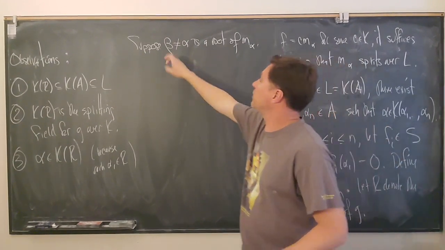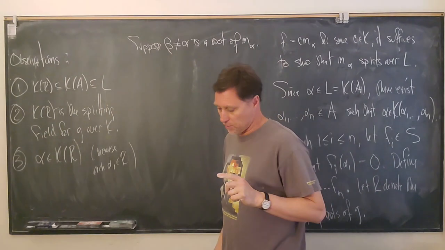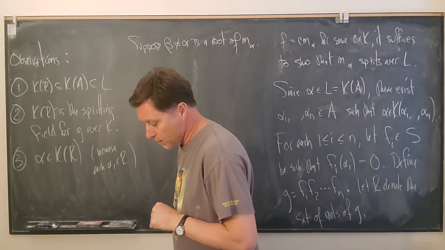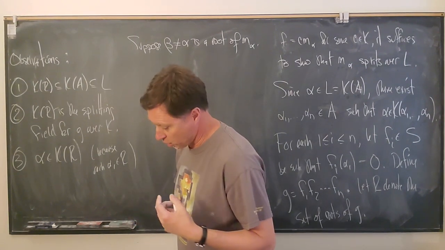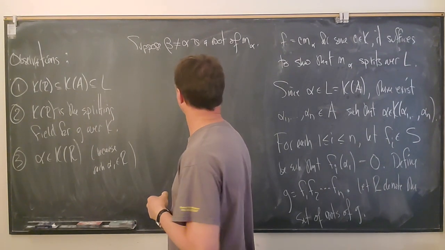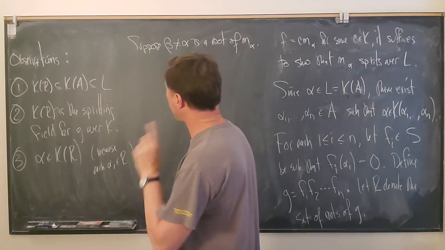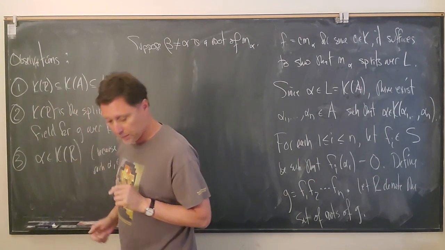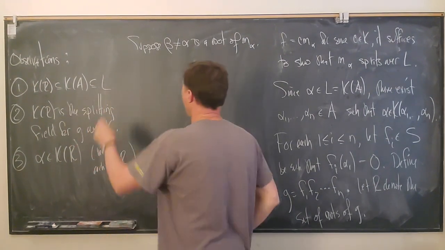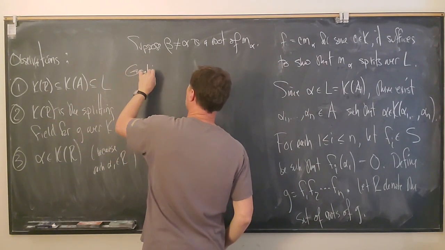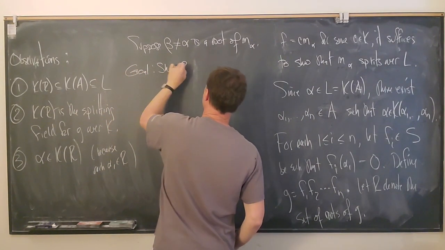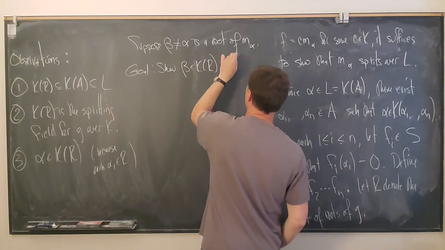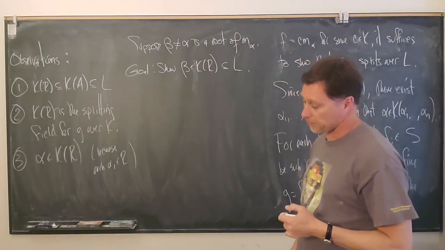So my goal is to show that beta lives in capital L. The way we'll do that is we'll actually show that beta lives in K adjoin R. And that will then allow us to conclude that it lives in capital L. So our goal is to show that beta is an element of K adjoin R, which we know is contained in L, and that will finish it off.